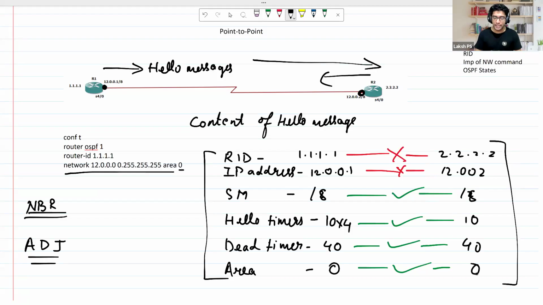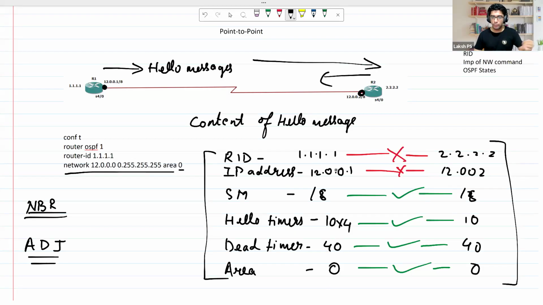So it's basically like I am introducing myself to my neighbor: this is my flat number, and this is my address. Let's say I will meet you 10 times a day, and we both are on the same floor.